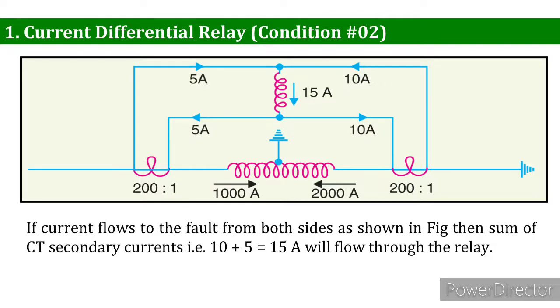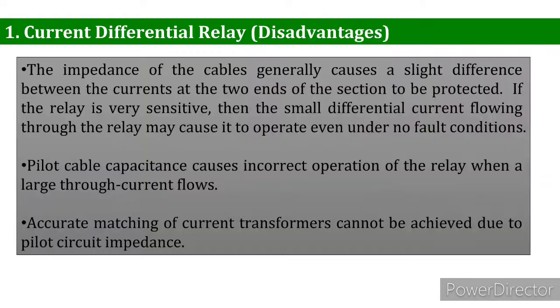So the direction of the current is important. As you saw previously in condition 1, the direction of flow of current is different, and in condition 2 the direction of flow of current is different, but the methodology is the same.